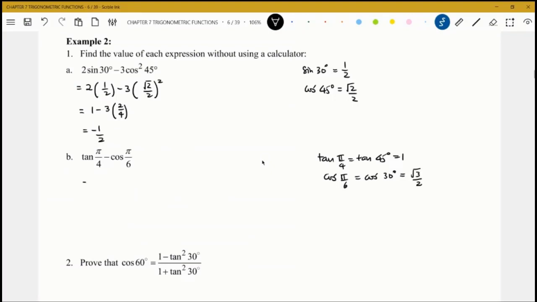So substitute the values, we have 1 minus square root 3 over 2. So balance up the denominator, we can have 2 minus square root 3, the whole thing divided by 2. Okay, so that's for number 1.